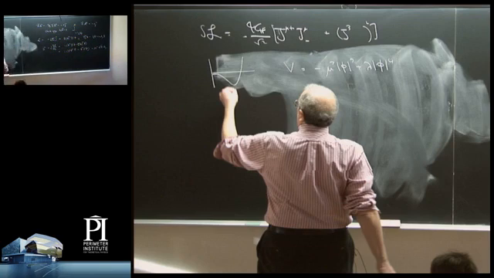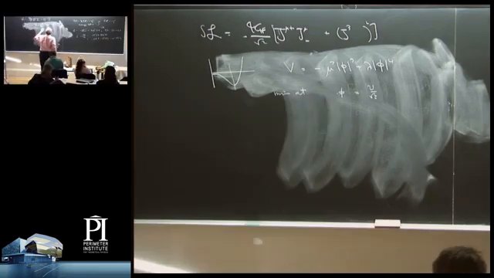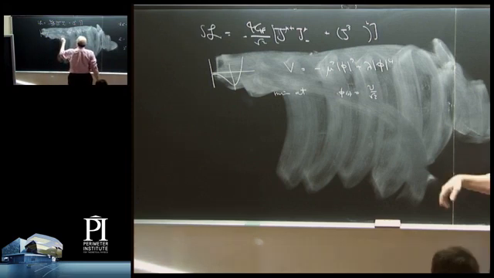So let me write some symmetry breaking potential. For example, V is −μ² φ² plus λ φ⁴. So some potential that has a shape like that, and it has a minimum at φ equal to v over the square root of 2.